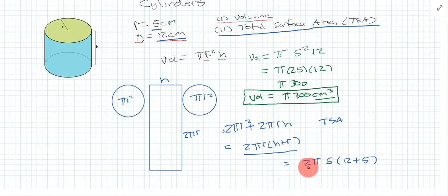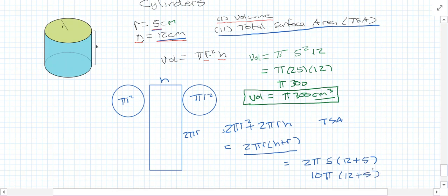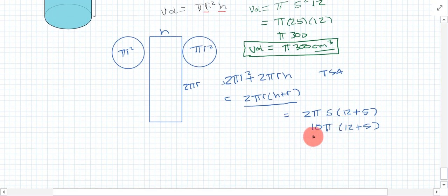So we can multiply this out. 2 pi times 5 is 10 pi, times 12 plus 5. 10 pi times 12 is 120 pi, and then 10 pi times 5 is 50 pi.